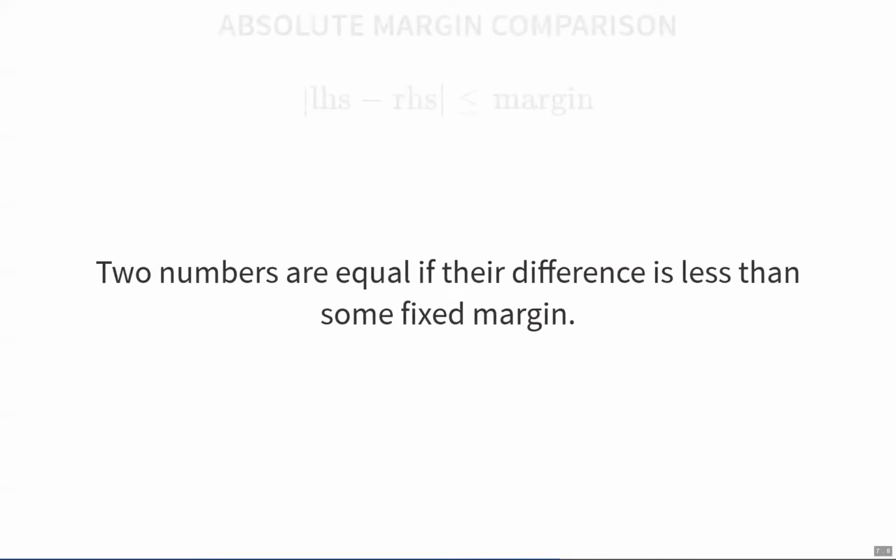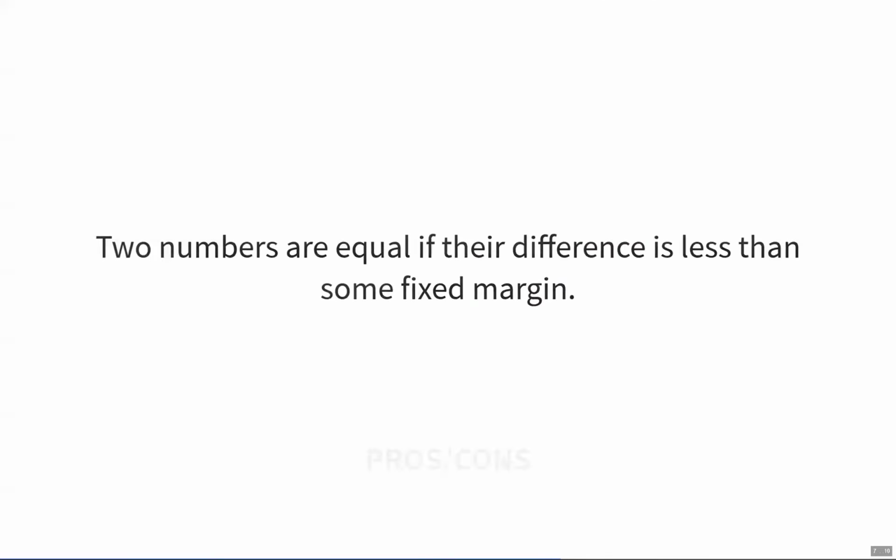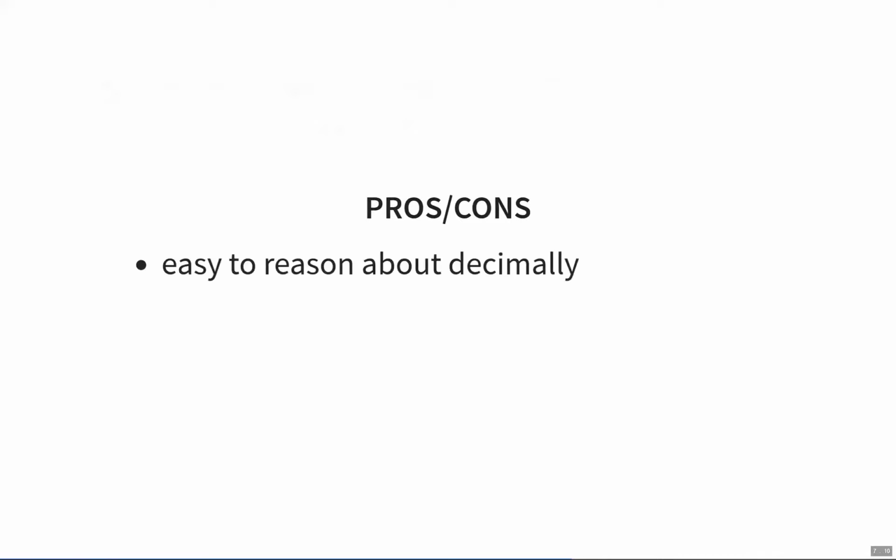So let's talk about margin comparison. This is when you check that the difference between the two numbers is smaller than some fixed margin. The advantage of this is it's easy to reason about decimally. I can say, oh, my margin is 0.5. So if the two numbers are equal under margin comparison, it means they are at most 0.5, whatever, different from each other. This is easy. And it works around 0.